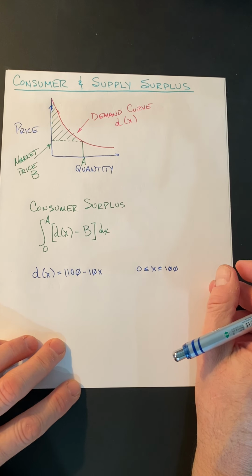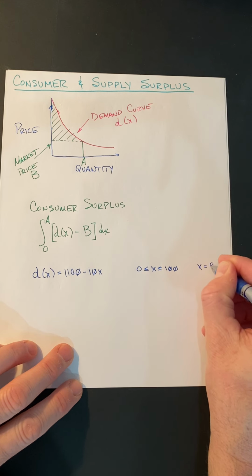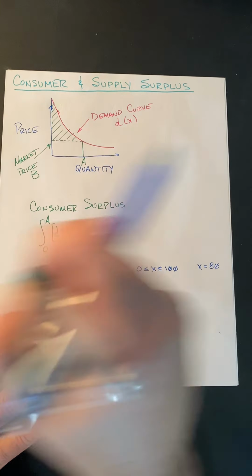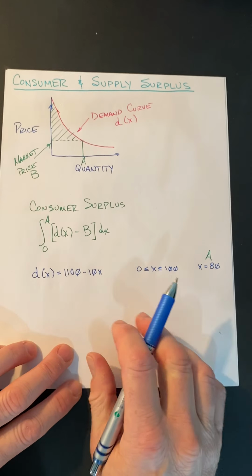They want to know the consumer surplus at the demand level x equals 80. So this value right here is actually your A. How do we go about doing that?